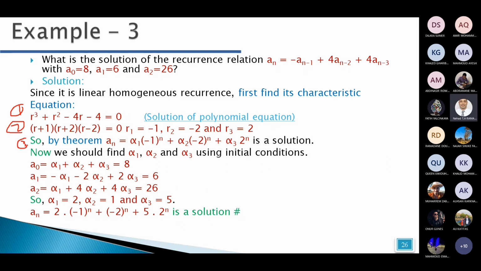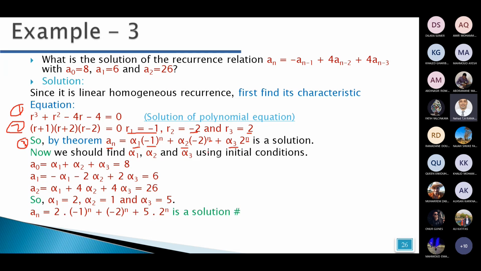Third, we write the solution as alpha 1 times the first solution, which is r1 to the power n, plus alpha 2 times the second solution, which is minus 2 to the power n, plus alpha 3 times the third solution, which is 2 to the power n.